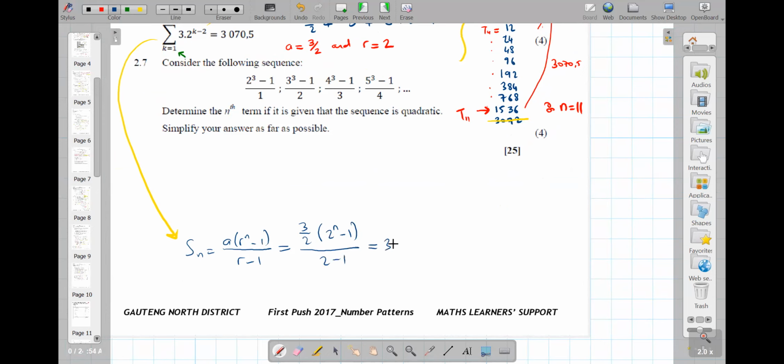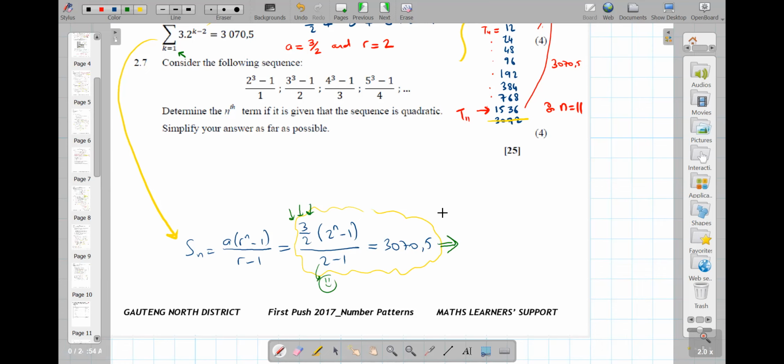So this is going to be 3070.5. Now, the idea is solving this equation. How can we solve it? The denominator is already 2 minus 1, so it is 1, and you can kick it out. And then to get rid of 3 over 2, I divide both sides by 3 over 2.